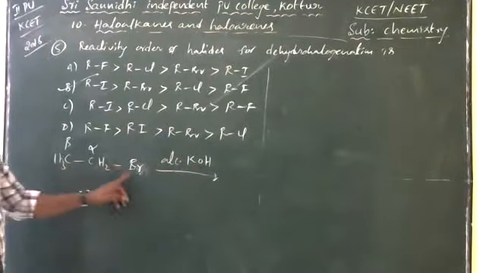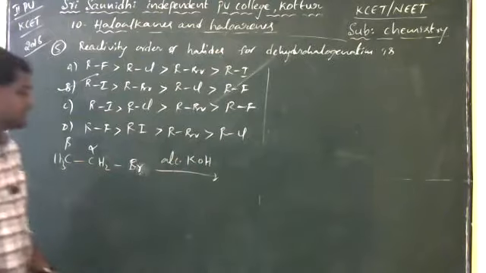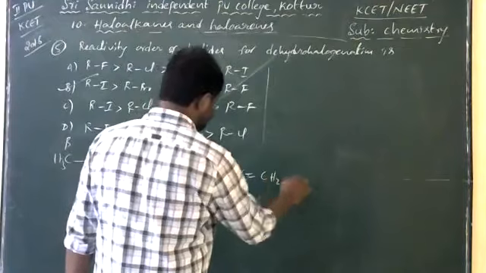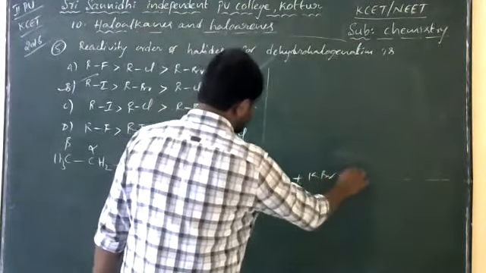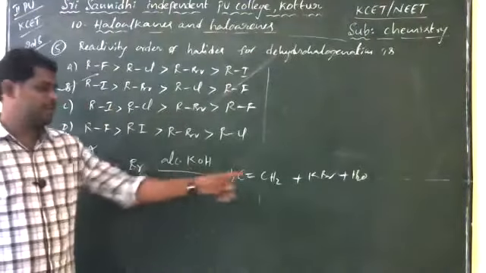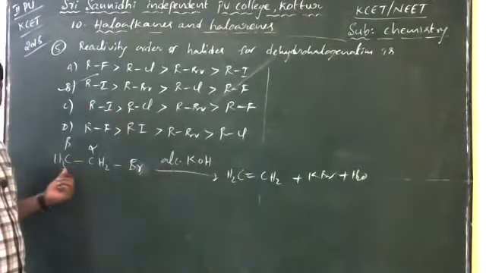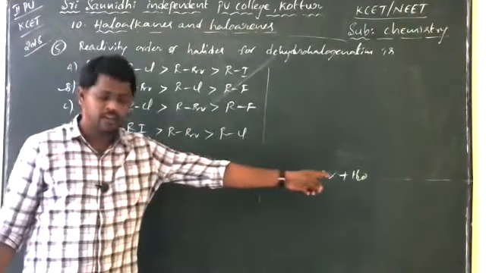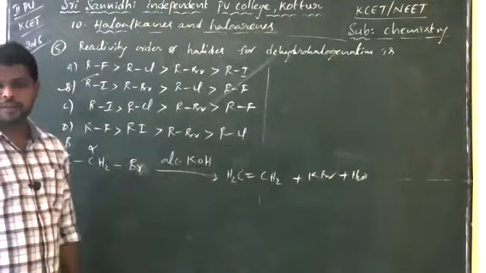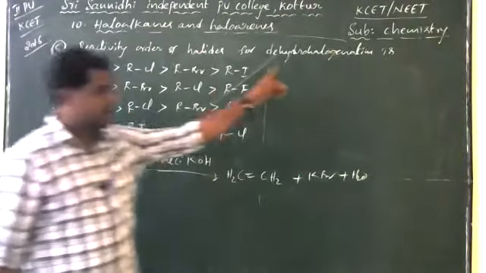So hydrogen and halogen, both are eliminated, giving CH2=CH2 plus KBr plus H2O. The eliminated Br combines with K to form KBr, and the hydrogen from the beta carbon combines with OH minus to form water. So the alkenes are the major products in dehydrohalogenation.